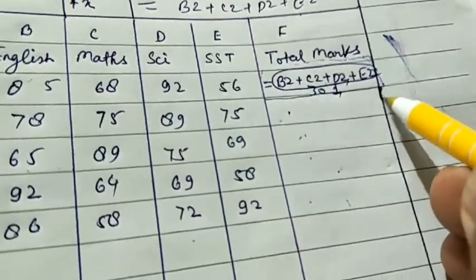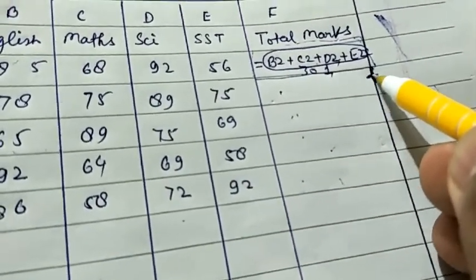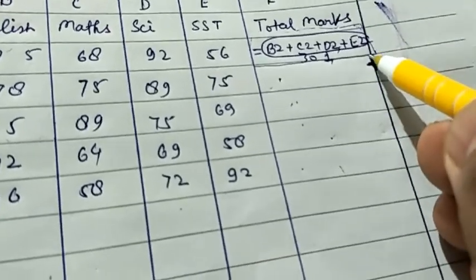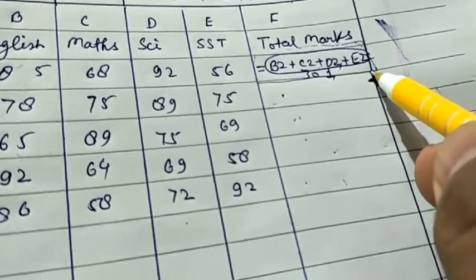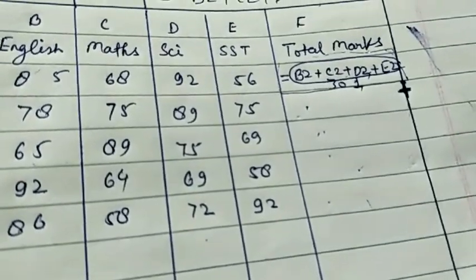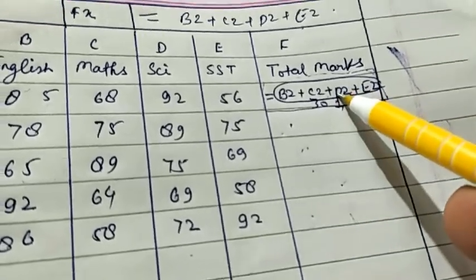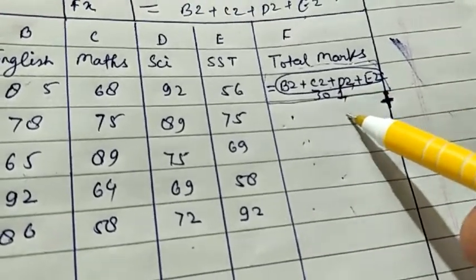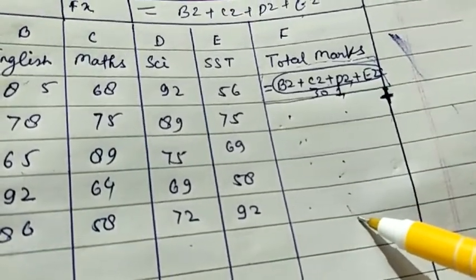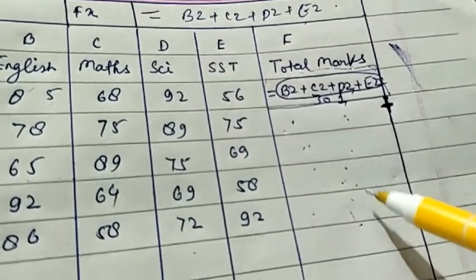When you place your cursor here, this symbol will appear, a plus sign, at the corner of this cell. After that you will drag it. When you drag it, automatically this formula will be copied in all the cells.